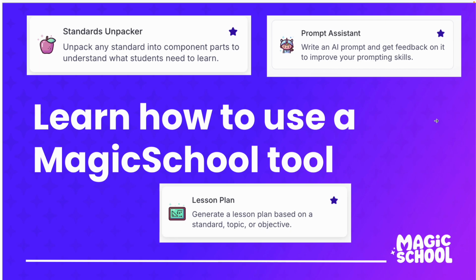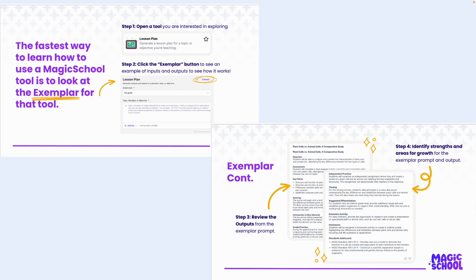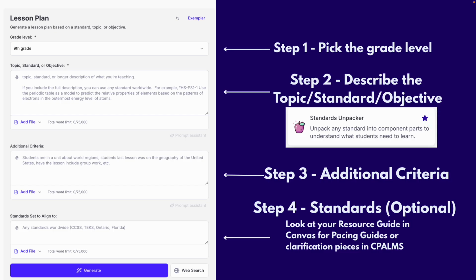So let's learn how to use Magic School tools. All right. So again, we did talk about the lesson planner. Remember, if you find yourself feeling uncertain about where to begin, always check out the exemplars. This is just an overview. We're going to put in our grade level. We're going to put in our topic and standard.